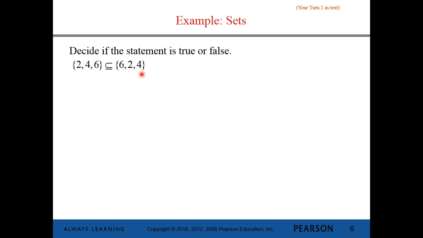Is that true? And the answer is yes. 2 is in both sets. 4 is in both sets. 6 is in both sets. So therefore, this is a subset of this. The order of the elements doesn't matter. What matters is if they're inside the set or not.